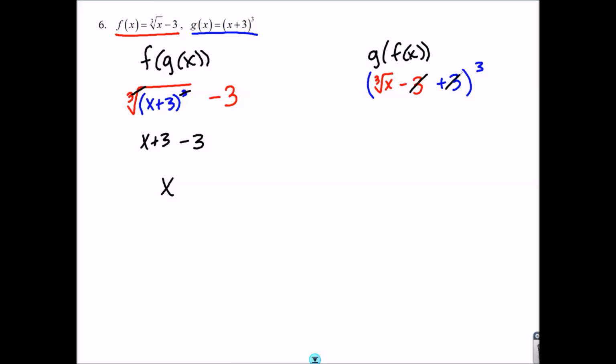So the minus 3 and the plus 3 cancel out. I have cube root of x cubed. And we just said that cube root and cubed are inverses and they cancel each other out. So we're just left with x. So since both of these equal x, these are inverses.